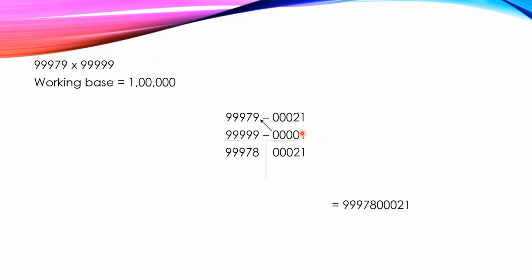Now when we multiply 21 and 1, we will get answer as 21, and we will write here 00021. Here in this partition, we will subtract 1 from 99,979, which will give me answer as 99,978. So here my final answer is 99978000021.